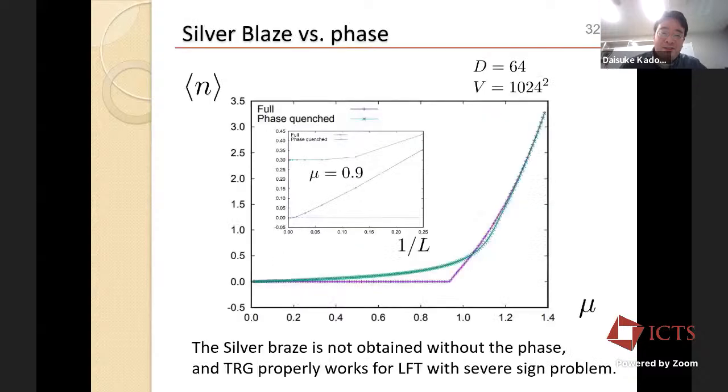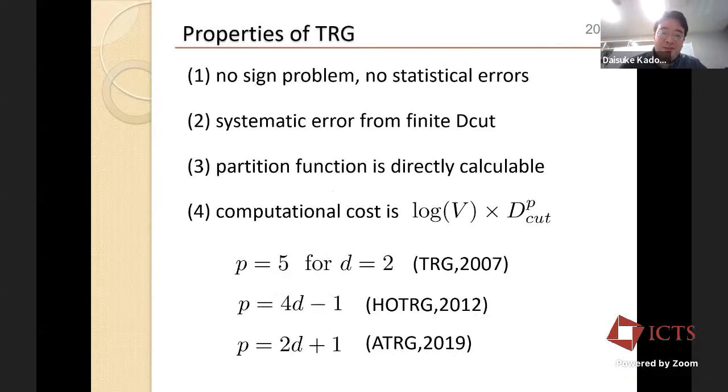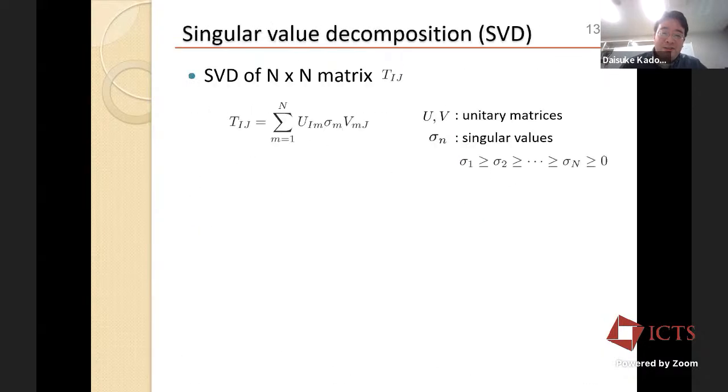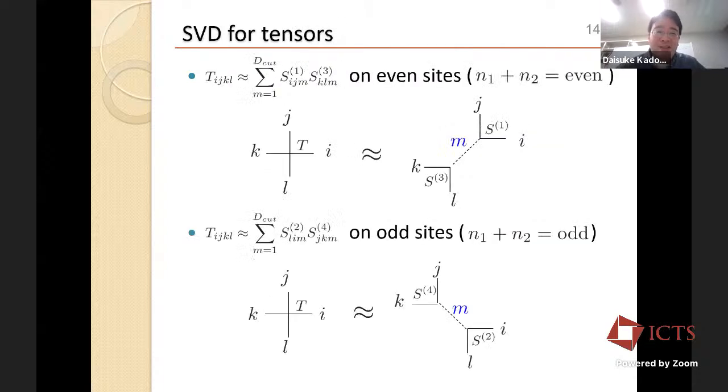This is an SVD for regular tensors. And in the case of Grassmann TRG, this T is given by Grassmann tensors, and these two S's are also given by Grassmann tensors. So the Grassmann tensor T is decomposed into two Grassmann tensors.